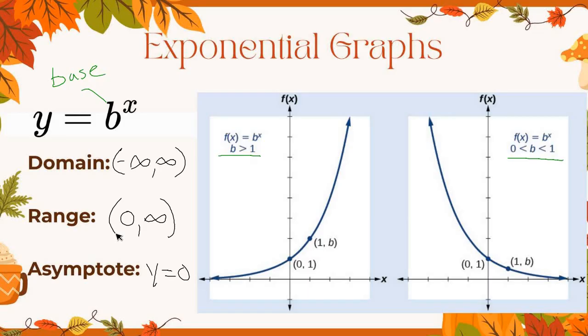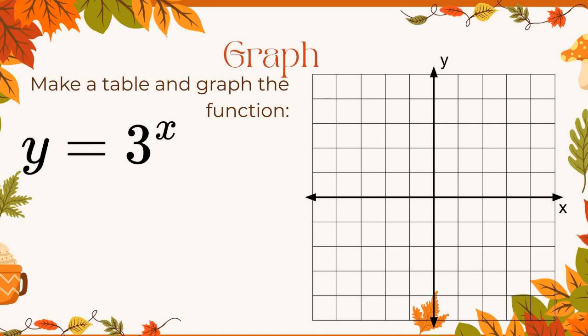So let's look at an example. Here we have 3 to the x this time instead. So the 3 main points that we always want to try to use are -1, 0, and 1. So we already said when we plug in 0, what are we always going to get? 1.